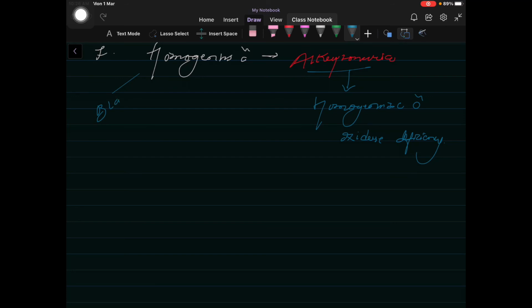It gives black color and it gets accumulated in the nails or in the cartilage or in the urine. Whenever it gets accumulated in the nails and the cartilage, it is called ochronosis.